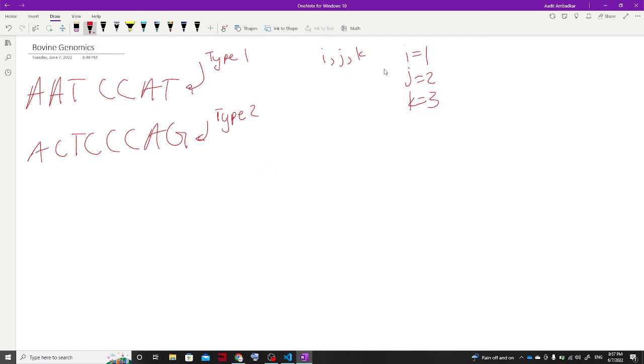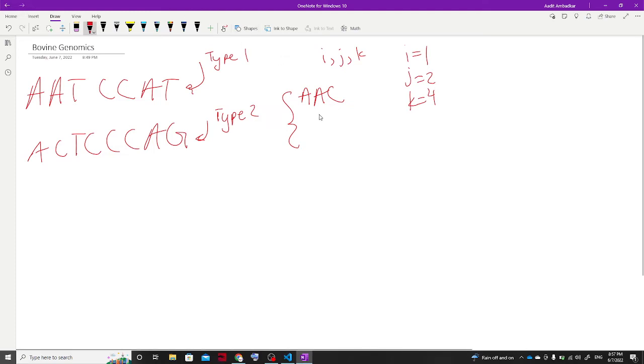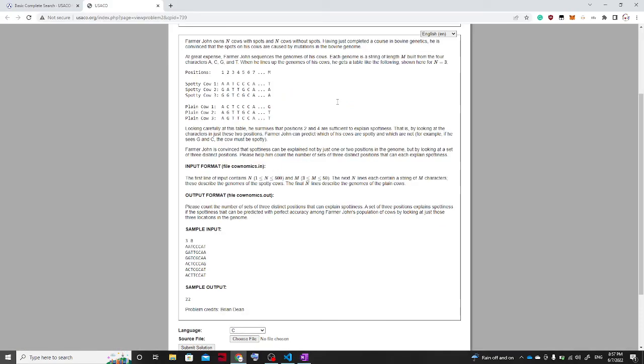So our set would contain AAC, or actually, not K is equal to 3, K is equal to 4, not 3. So our set would contain AAC, GAT, and GGC.